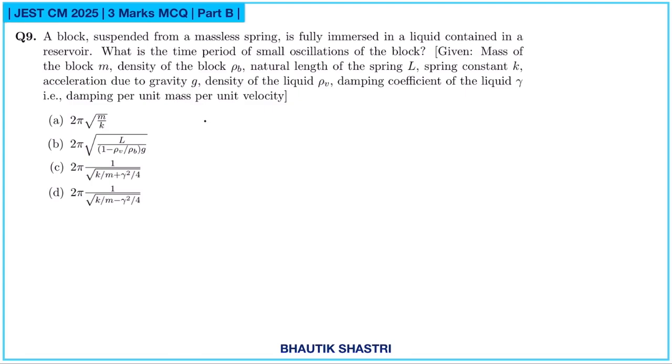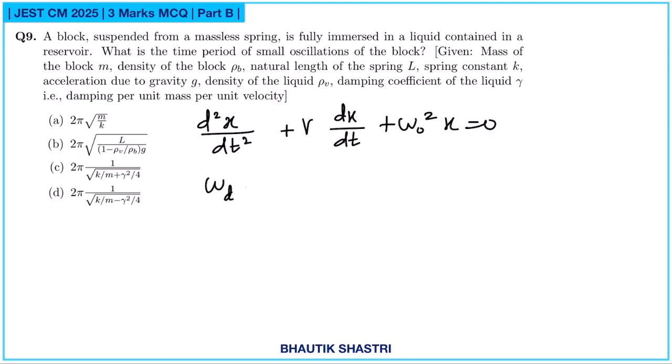For a damped harmonic oscillator, the equation of motion is d square x by dt square plus gamma dx by dt plus omega naught square x is equal to 0. Now if we try to solve this, we will get the solution, and from there we can calculate the damped angular frequency omega d, which is equal to under root omega naught square minus gamma square by 4.